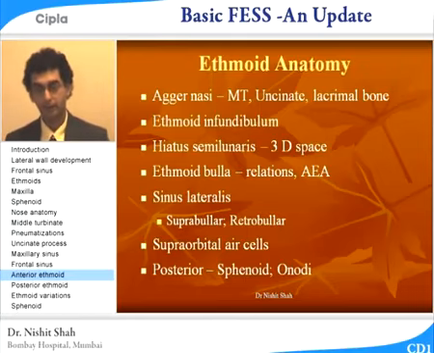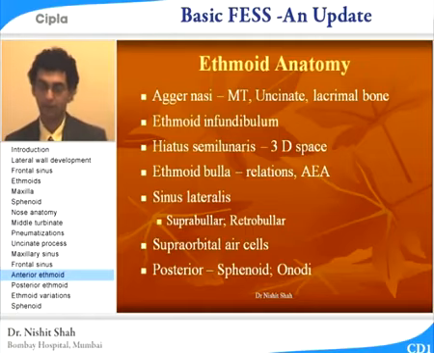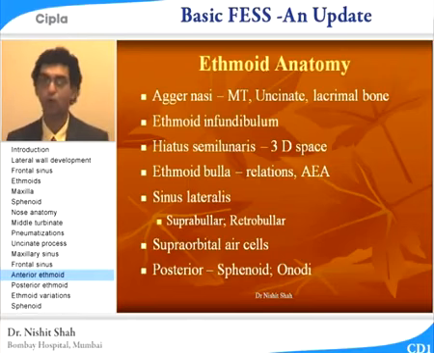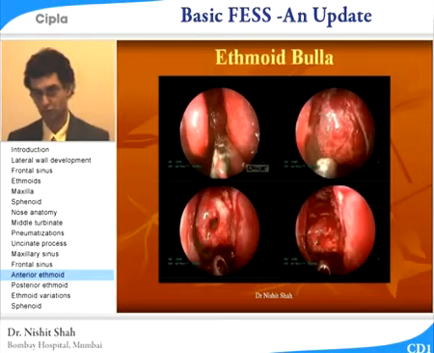There may be, in relation to the bulla, many more cells, being the supraorbital cells and or the frontal cells, and posteriorly, of course, will come, in relation to the posterior ethmoid, the sphenoid, and you may have a sphenoethmoidal cell known as the onode cell. So these are some figures to show you just the ethmoid anatomy.